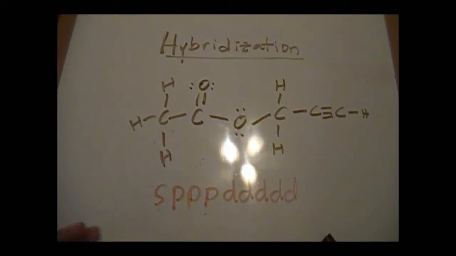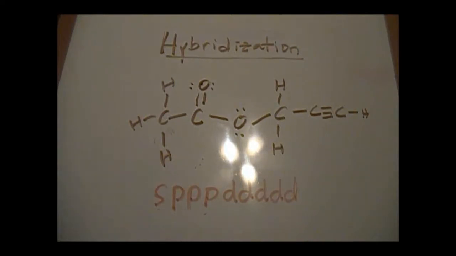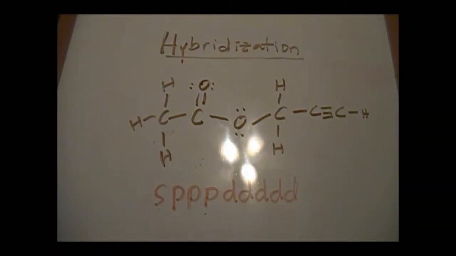You could technically write the 7 f's, but we don't get that complex in these classes in terms of hybridization. So whenever your teacher gives you a problem that says determine the hybridization, you're going to write this down: s, 3p's, 5d's. That's easy.